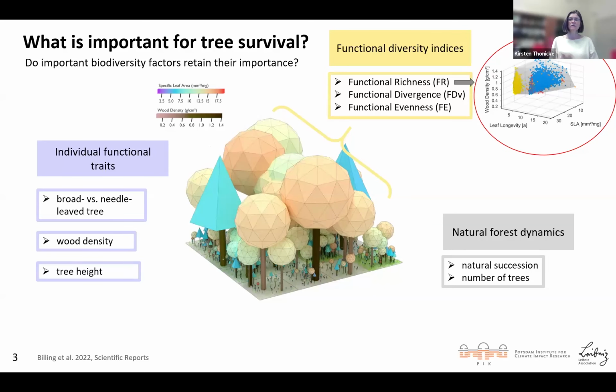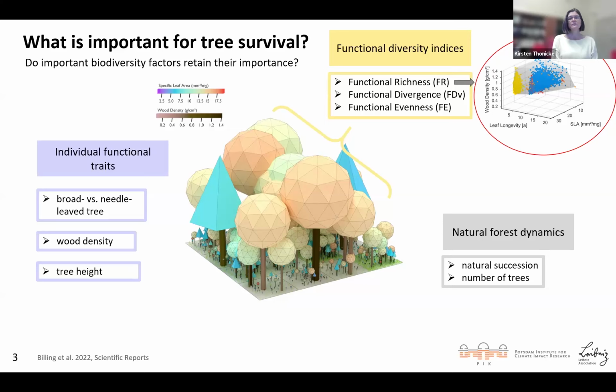But then we can also look at the entire forest patch and compute functional diversity indices. Here we take the trait combination that every tree individual has in this simulated patch, which you see in the 3D figure, where each point in this trait space is a tree that has this combination of wood density, leaf longevity, and specific leaf area.